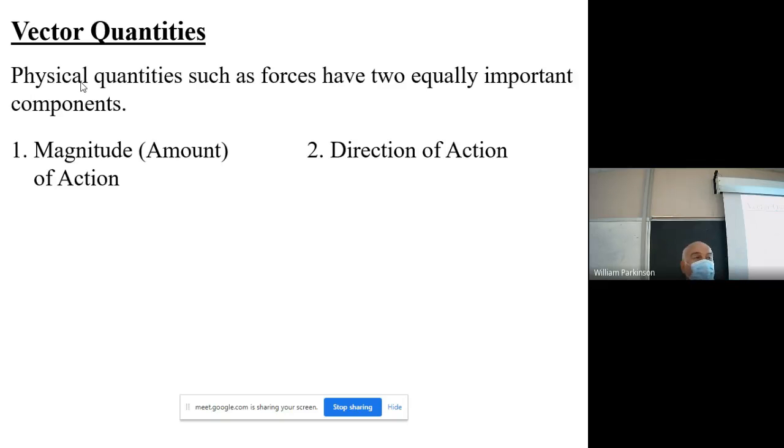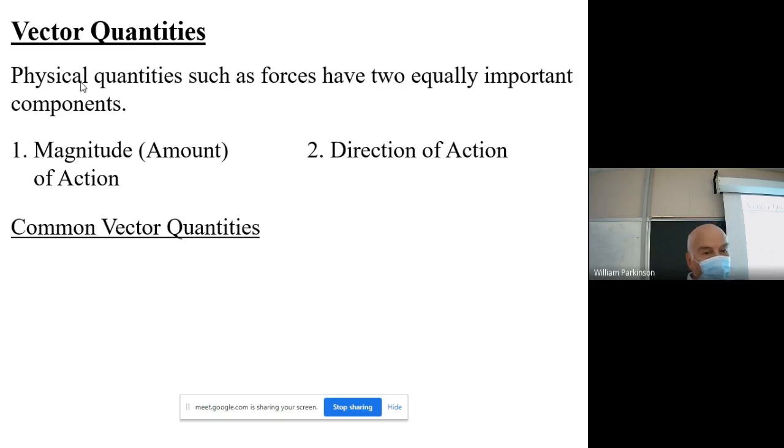And that's the key feature of the idea of the vector. Not only is there a magnitude or an oomph behind my action, there's a direction associated with my action that has to be accounted for to fully describe the situation.